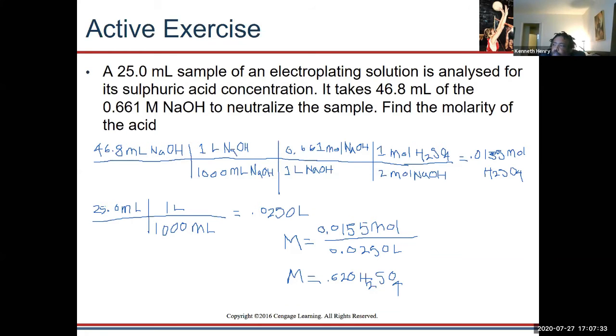Okay, so where did you get the 2 from? From the balanced equation. Okay. Let's see, divided by.